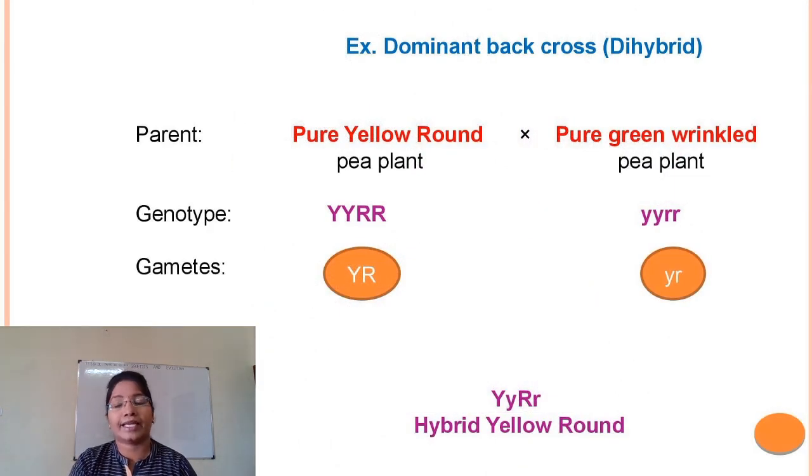Similarly, in an example of a dihybrid cross, if a pure yellow round pea plant is crossed with a pure green wrinkled pea plant, in the F1 generation we get all hybrid yellow round plants.